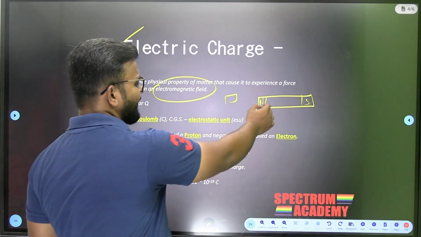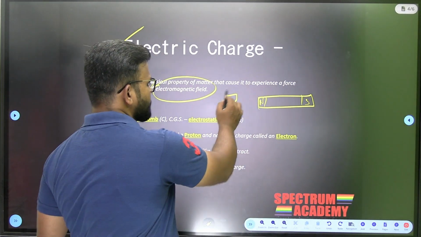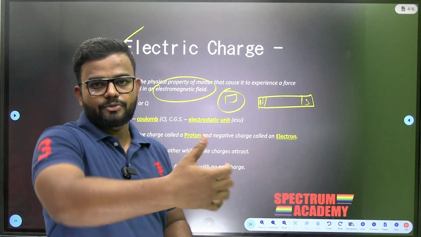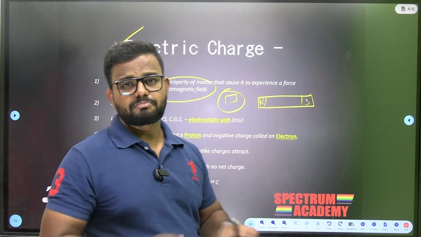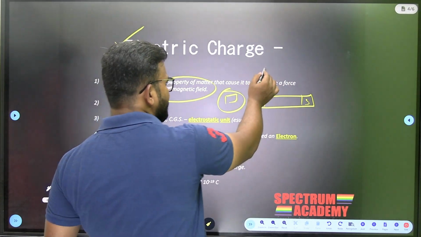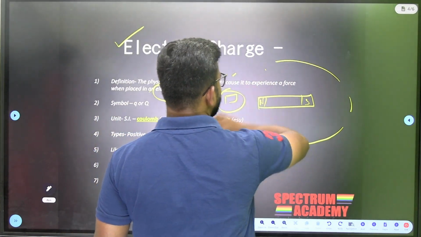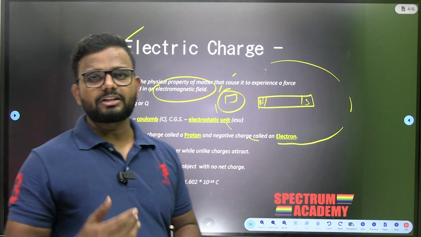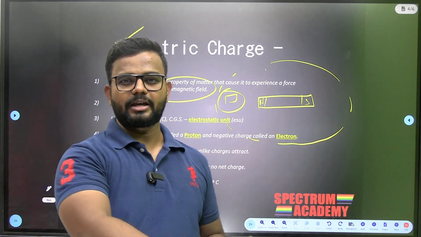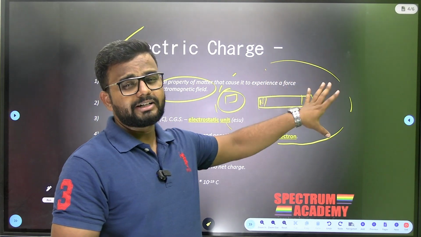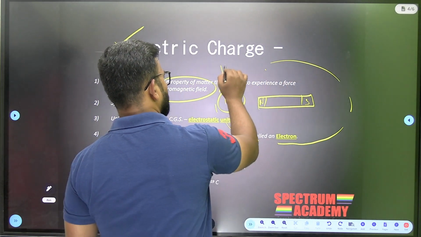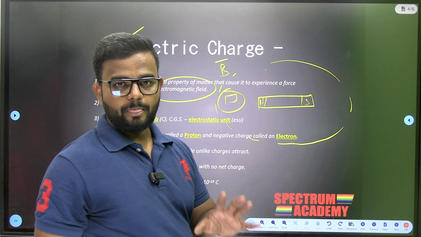This magnet will exert a force on this material and this material will get attracted towards the magnet. So this force is known as magnetic force, and the field surrounding this magnet, in which any other material either experiences an attractive force or repulsive force, that field we call the magnetic field, which has notation capital B.